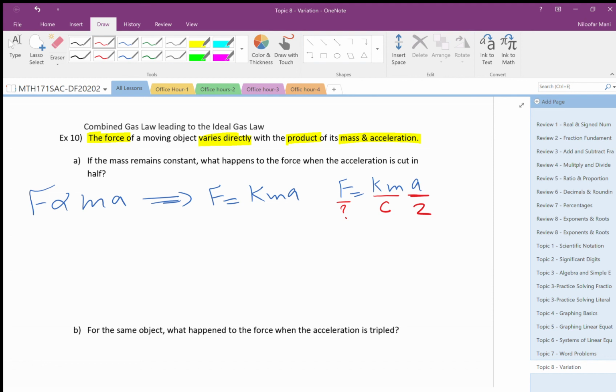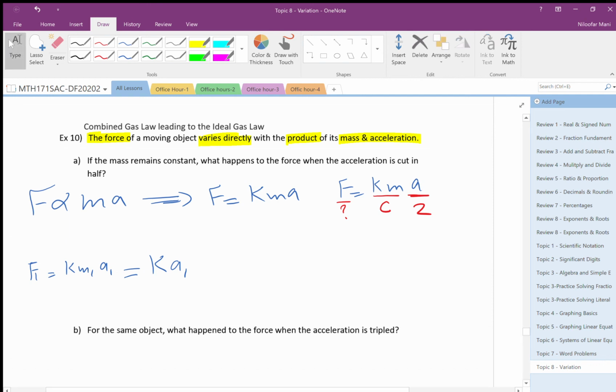But if I want to do it mathematically, what happened? Okay, so F1 is km1a1, and it is just capital K a1. Why? Because m also remains constant. Okay, so I can just combine m and k into another K.